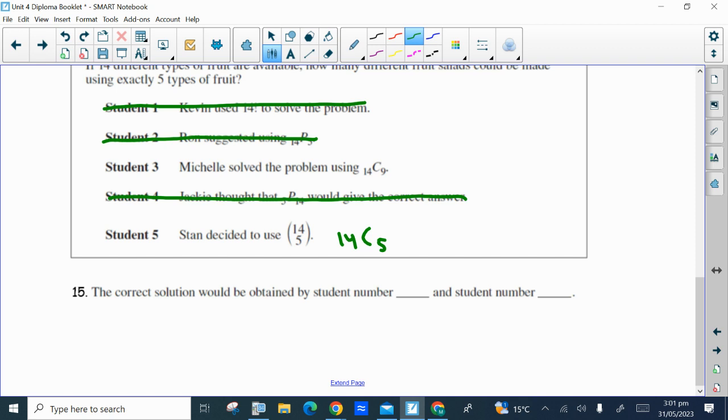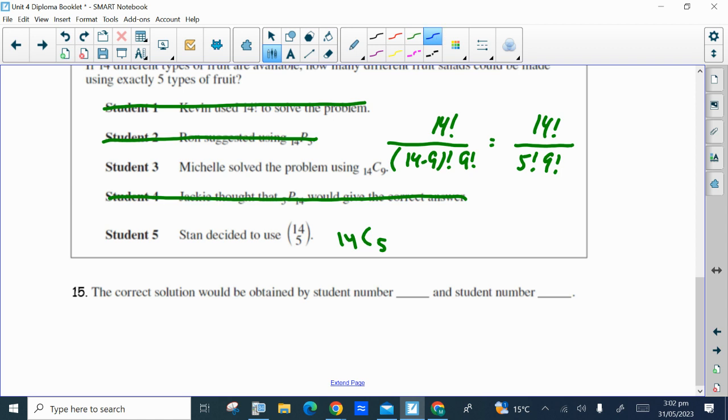And Marcel and Stan are both correct because if you use the combination formula, it's n factorial over n minus r factorial times r factorial. If you simplify this, 14 take away 9 is 5. You get that.